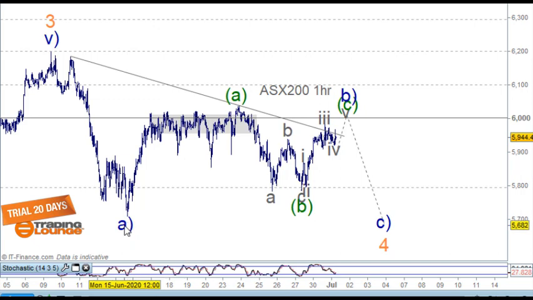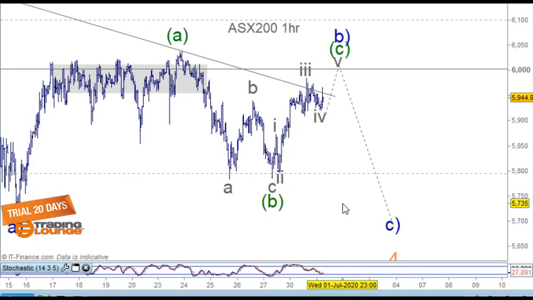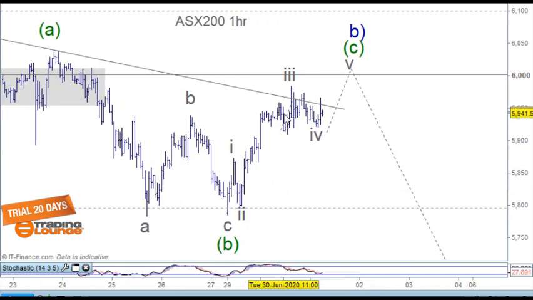So wave A here, an A and a B and a C wave here, and we're looking for 5 waves up. So in a nutshell, we can look at it like 1 and 2 and 3 and 4 here. It can be counted differently as well, and we can have a look at that as well. But all the ways that I count it, we still end up with a wave 4 here, and we'll be looking for a move higher here.